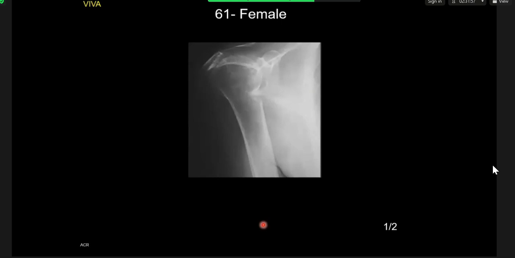The humeral head is cranially displaced. The image is a little bit unclear, but there is osteopenia in the proximal humerus. There is also osteopenia in the lateral scapula.